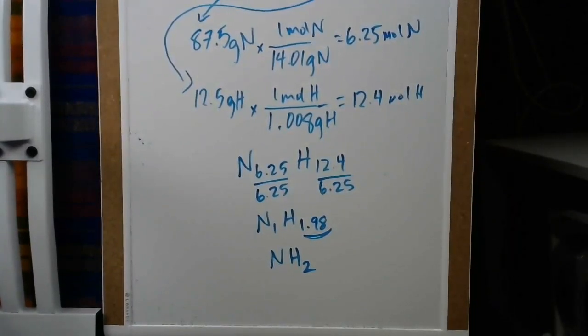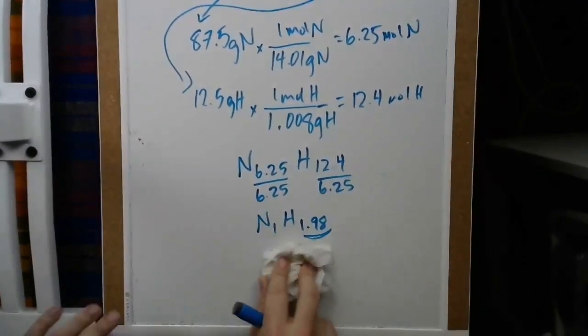Okay, let's do number 22 because that has empirical and molecular in it. Okay. And it's a combustion. So it really gives us everything.